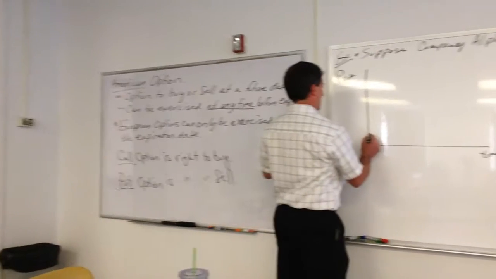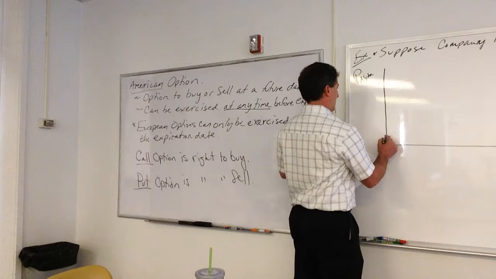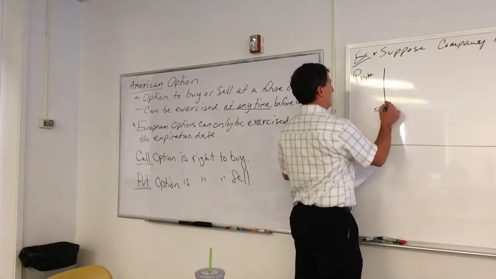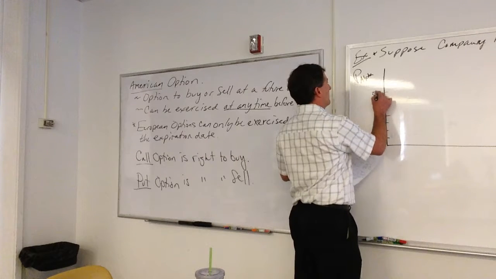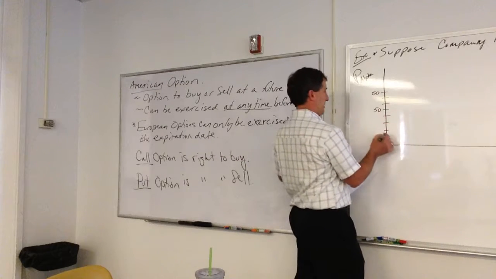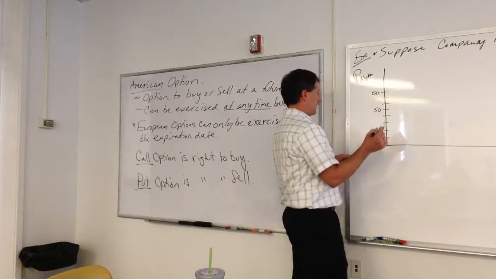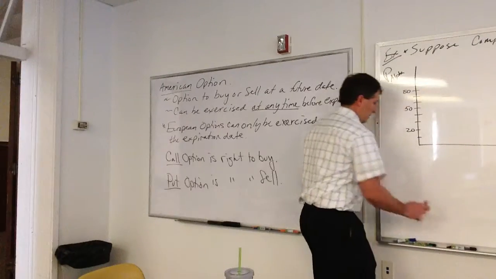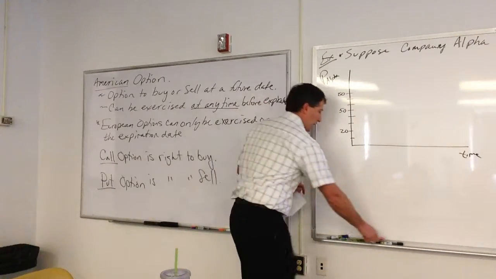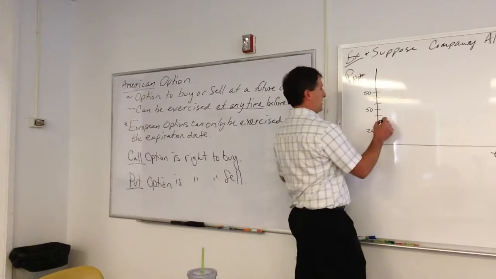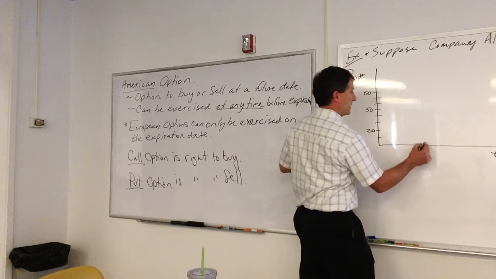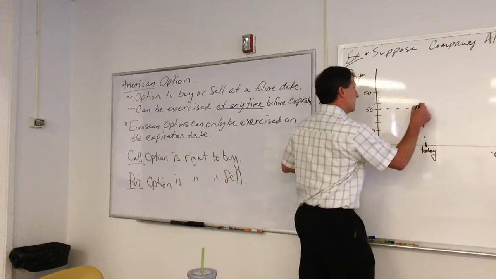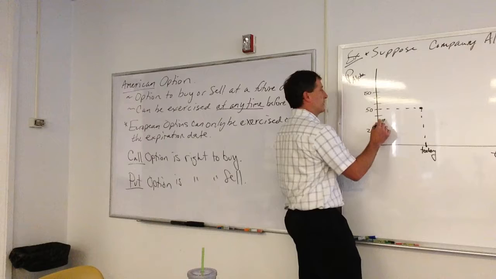Let's go 10, 20, 30, 40, 50, 60, 70, 80. I think 80 will be fine. And I'm going to use 20 later. So Alpha has been chugging along over time, and today, we just want a squiggly line to end up right there.